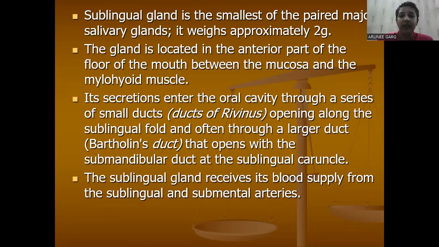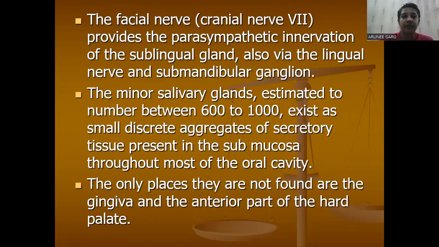The sublingual gland receives its blood supply from the sublingual and submental arteries. The facial nerve provides the parasympathetic innervation of the sublingual gland, also via the lingual nerve and the submandibular ganglia.